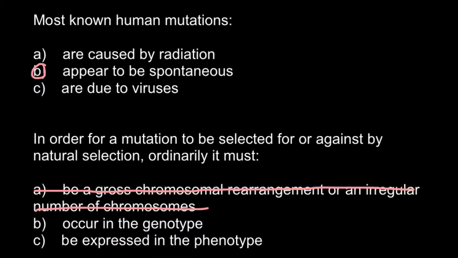Our choice would be answer C. In order for natural selection to work for or against some trait, it should be expressed in the phenotype. And of course, such changes should occur on the genotype level also. But answer C would be the more correct one because it's the narrower sense answer.